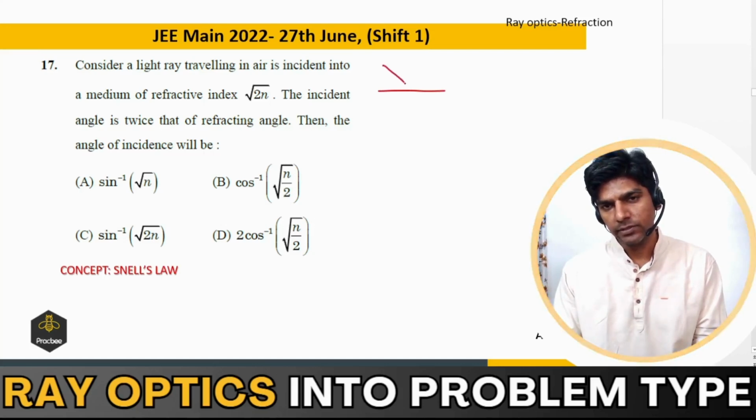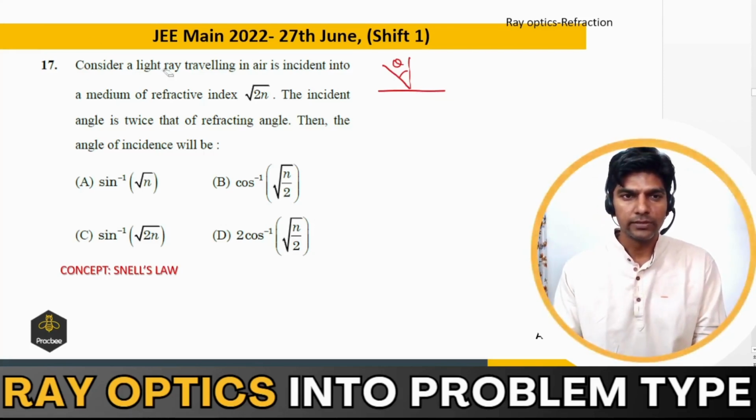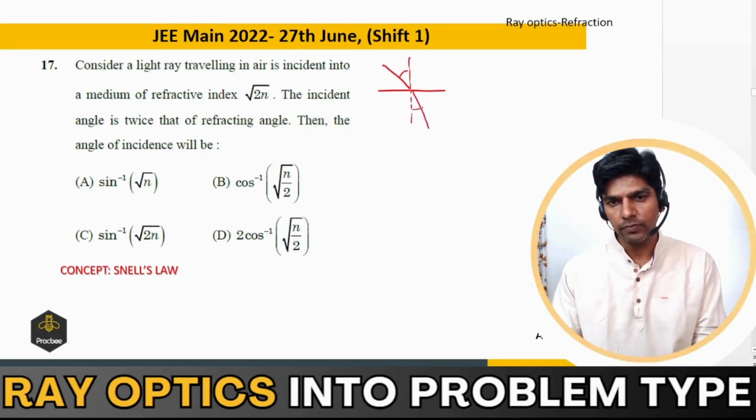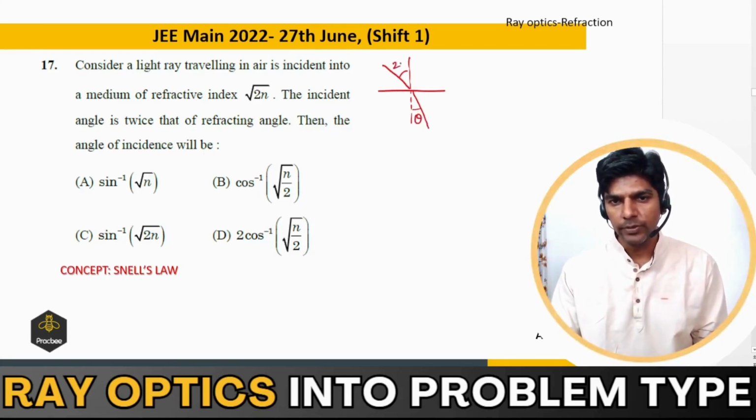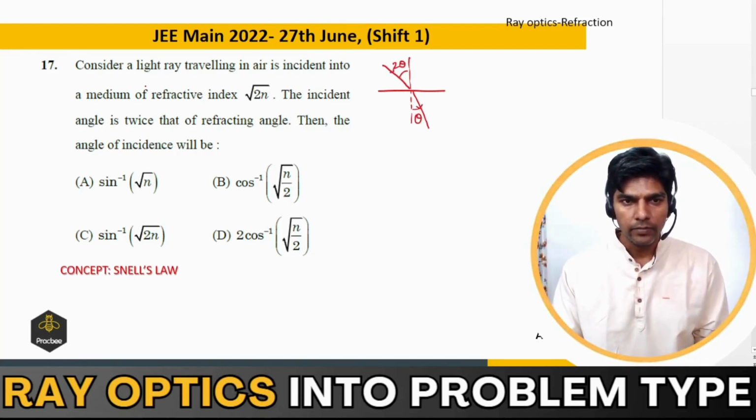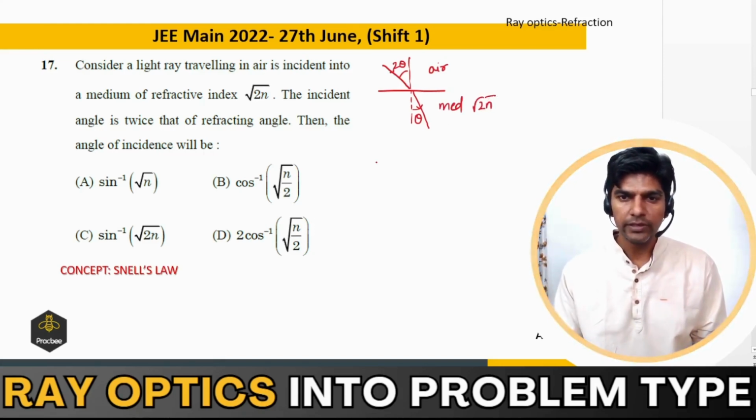So if the angle of refraction is theta, refracting angle is also known as the angle of refraction, then the angle of incidence will be 2 theta. And traveling in air. So this is air and this is medium, and refractive index is given as root 2n.